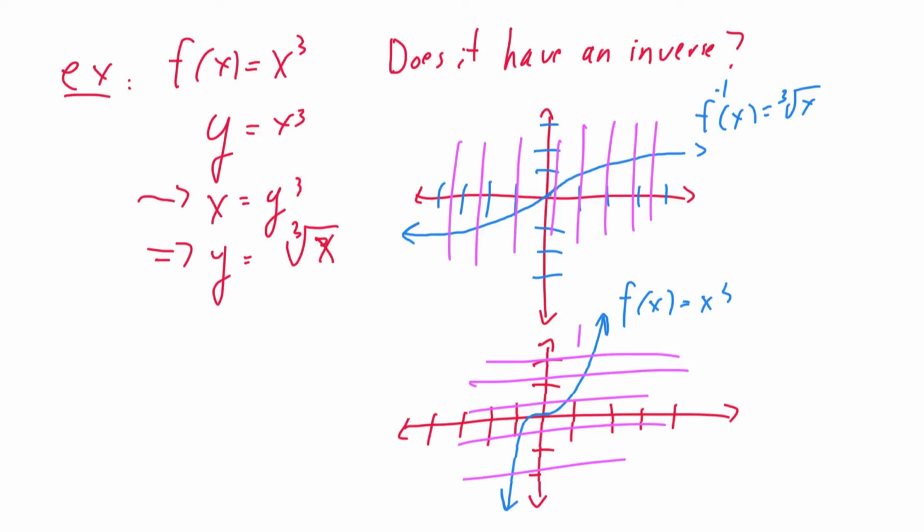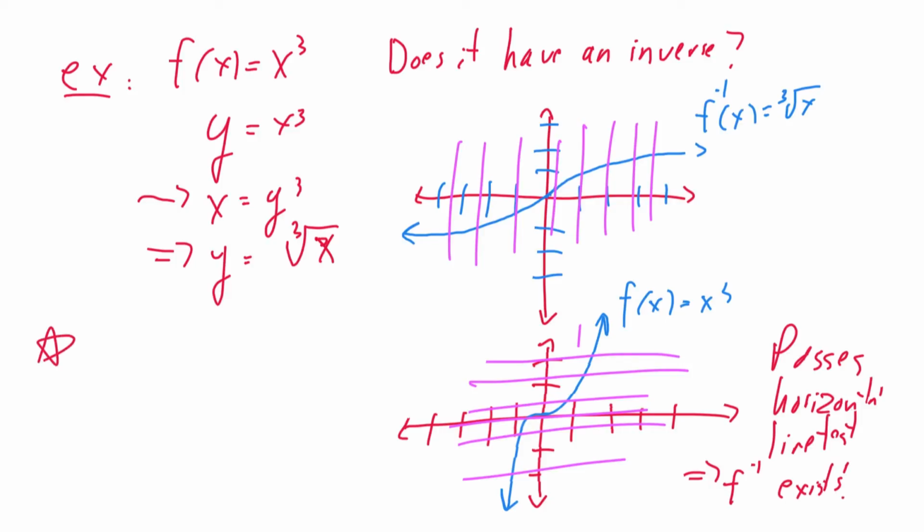Every horizontal line intersects at only one point. So what this means is that either I could try to compute the inverse function explicitly and see if it exists as a function, or I can just check the horizontal line test. So this passes the horizontal line test, which tells me that f inverse exists.